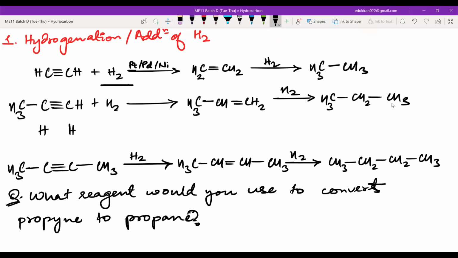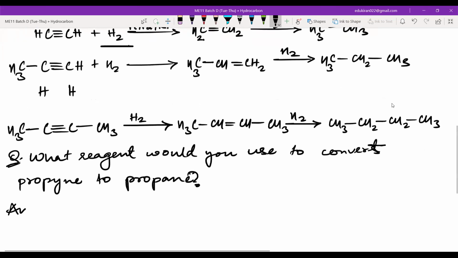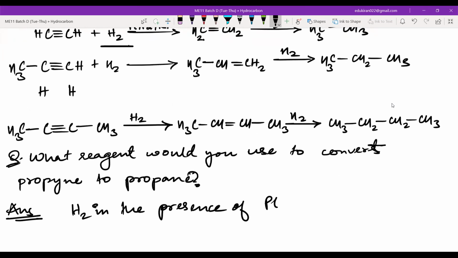Okay, so simple, this is addition of hydrogen. But please remember the same number of carbon atoms should be there. Answer will be H2 in the presence of Pd, Pt, or nickel. Write this down. Let me know if you're done.